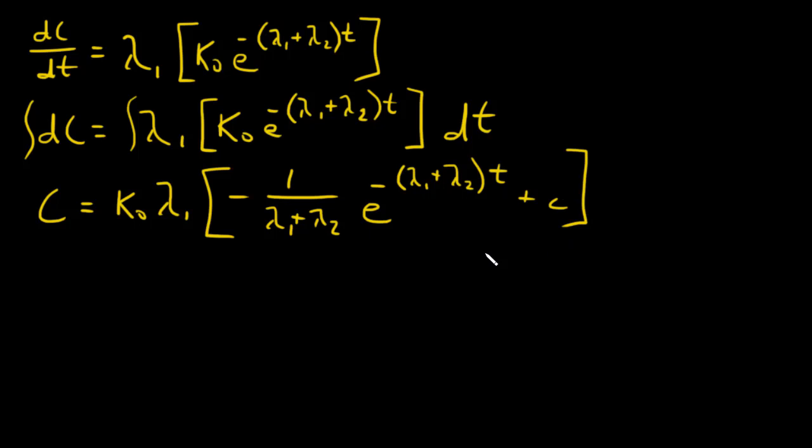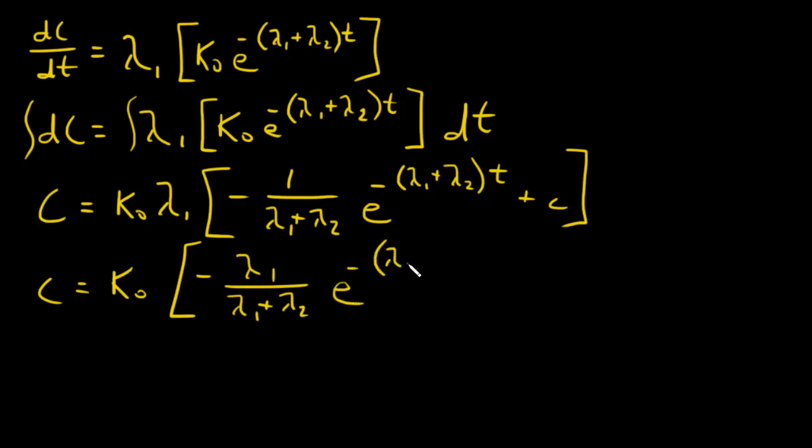So now if I take this lambda 1 and roll it into all this, I'm going to wind up with C is equal to K naught times negative lambda 1 over (lambda 1 plus lambda 2) times e to the negative (lambda 1 plus lambda 2) t plus c. Okay?